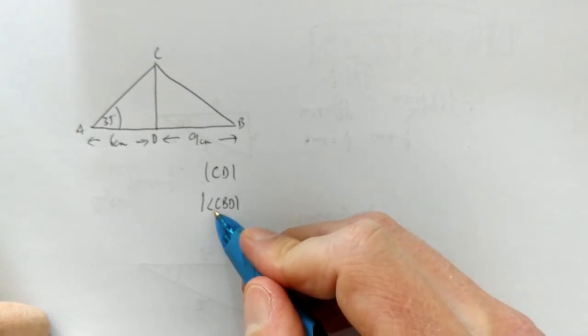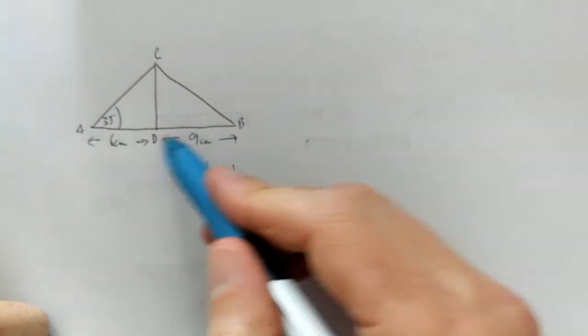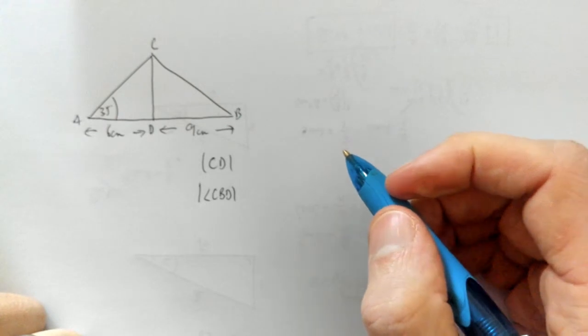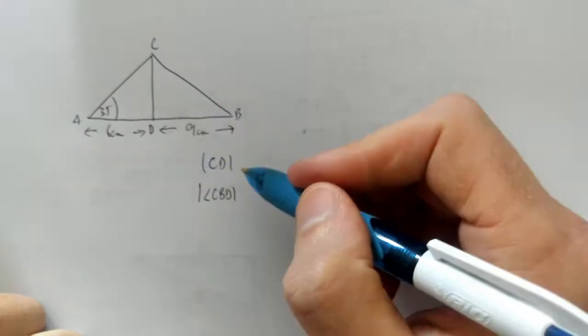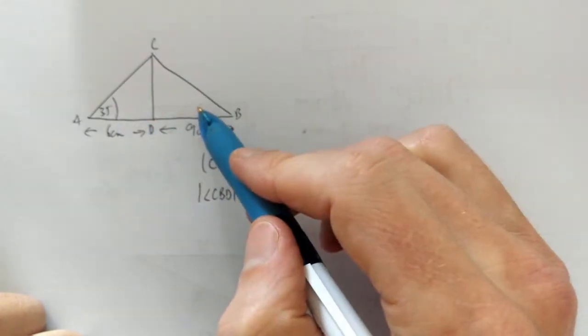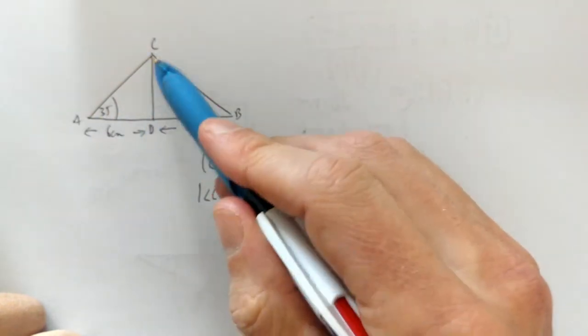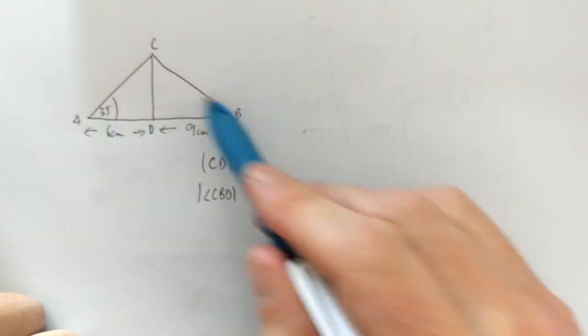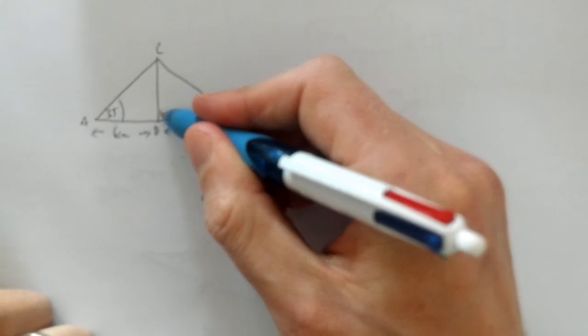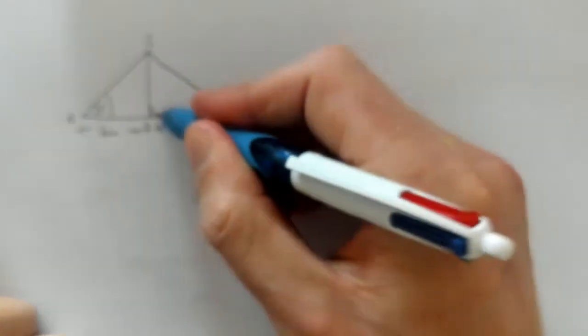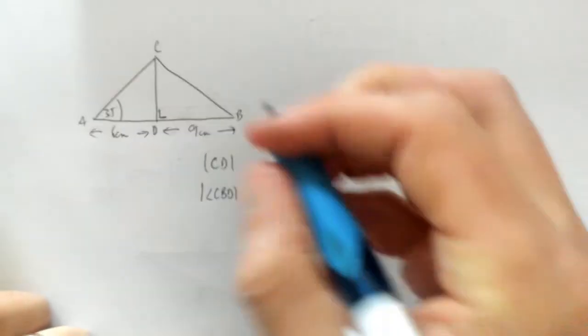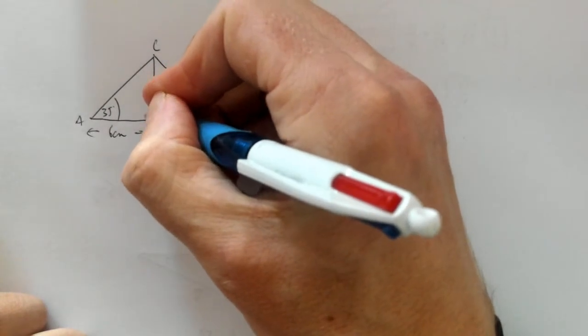So just notation, CBD means this angle here, okay? So when you have problems like this with more than one triangle, you've got three triangles here, haven't we? 1, 2, 3. It says in the question this is perpendicular, which means it's a right angle triangle, which means we can use SOHCAHTOA. If that's a right angle, this is also a right angle.